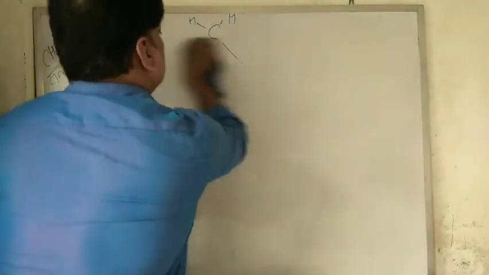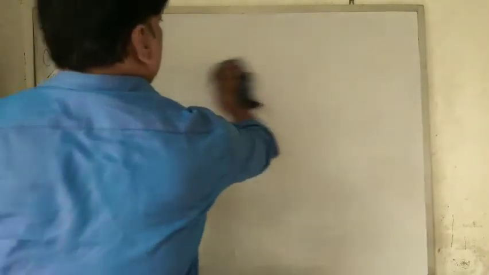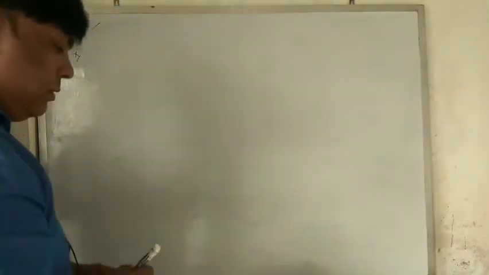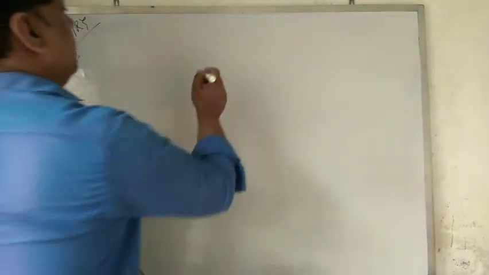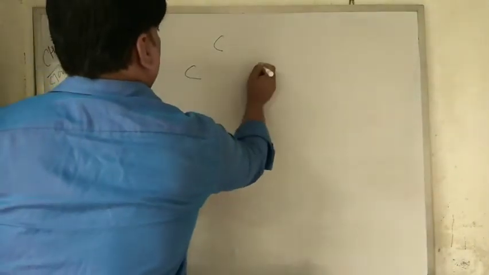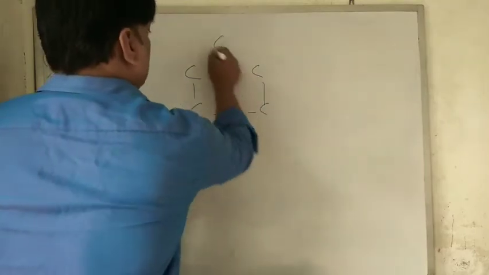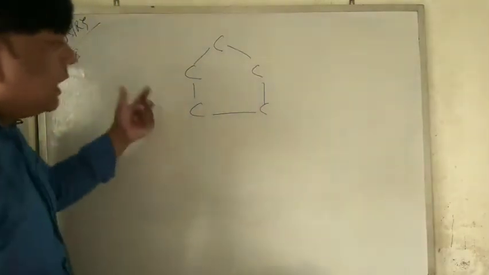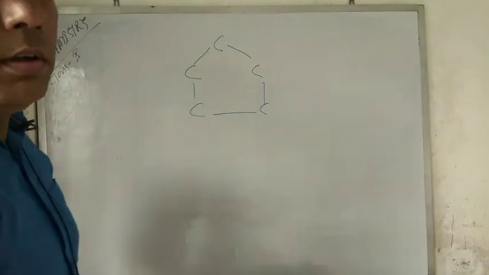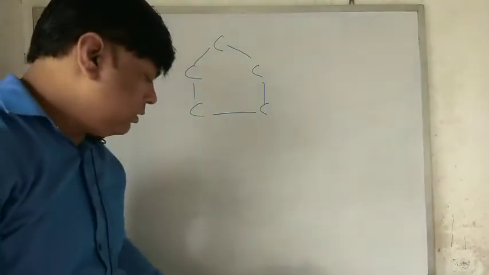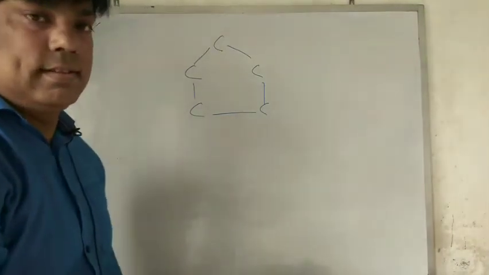That is our cyclic hydrocarbons. One more example: carbon, carbon, carbon, carbon, carbon. If there is a single bond between each carbon, it will be cycloalkane.